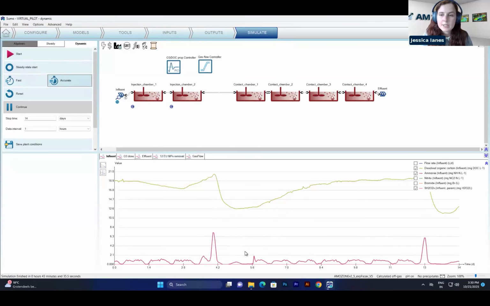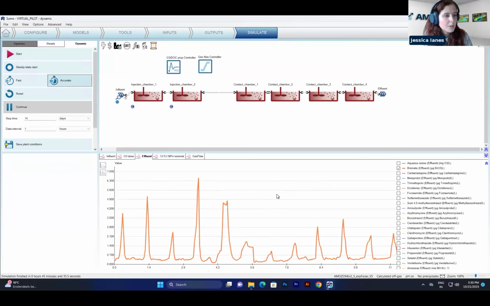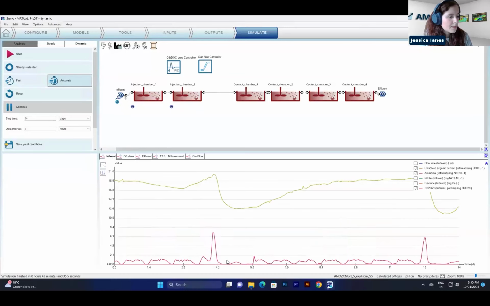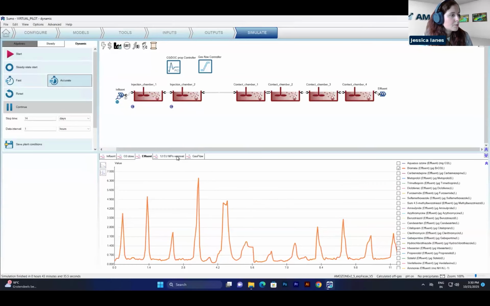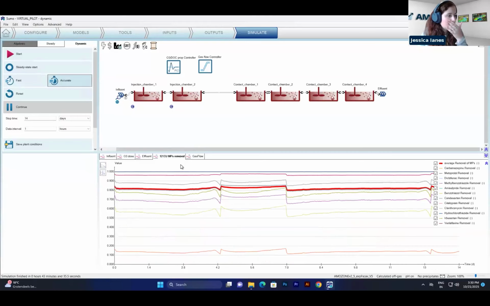As we saw in the scenario analysis, the ammonia reduction brings higher bromate formation, and in the effluent tab, if we go to the bromate, we see peaks in bromate in correspondence of this reduction of ammonia. And what about micropollutants? You can see here we also have dynamics in the micropollutants removal, and especially in this period we saw something different.